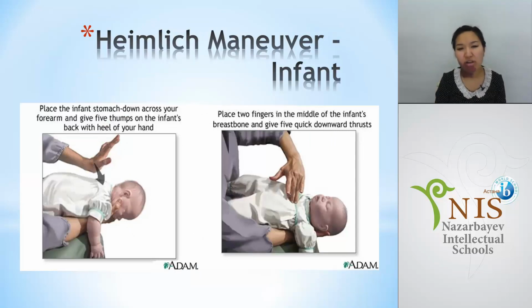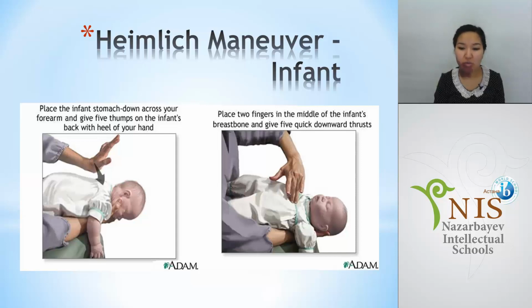The Heimlich maneuver is important for babies, because we know that a little child can choke and cough. For that reason the Heimlich maneuver is very important, and I think our students should know how to do it. First of all, place the infant's stomach down across your forearm and give 5 thumps on the infant's back with the heel of the hand.